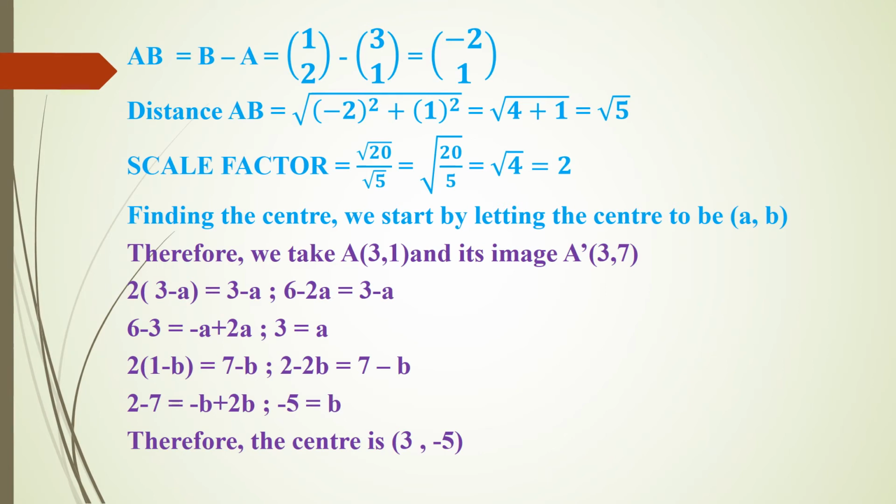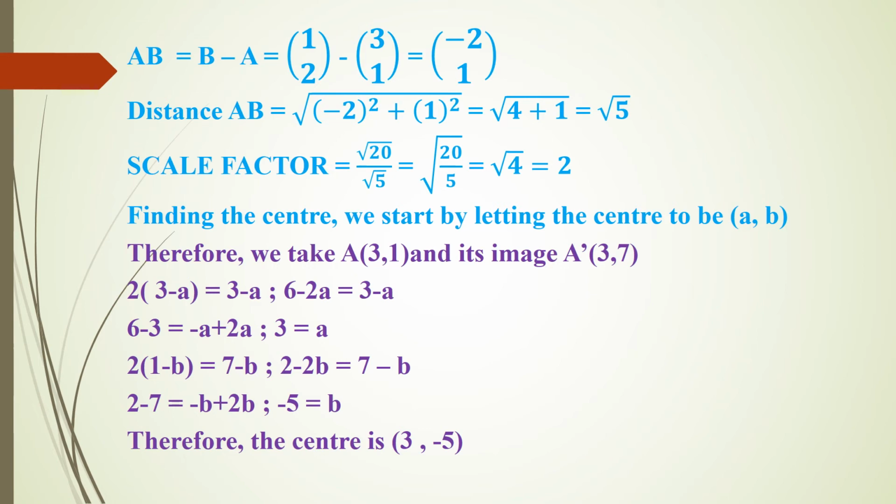A continuation. Now we are finding the distance between A and B. We will start by finding the column vector of A and B by taking B minus A. The coordinates of B written in column form give us (1, 2). The coordinates of A written in column form give us (3, 1).